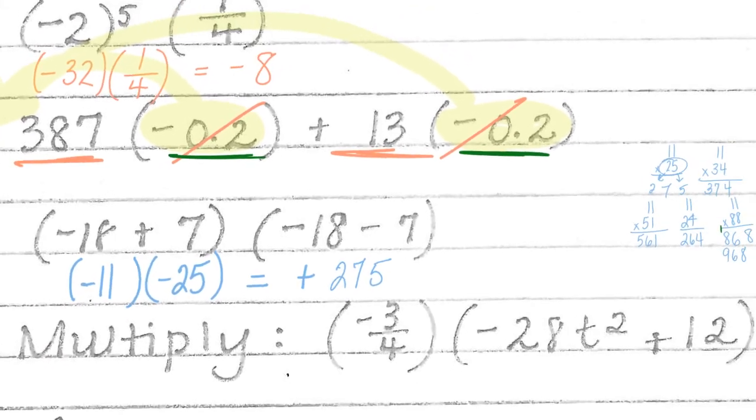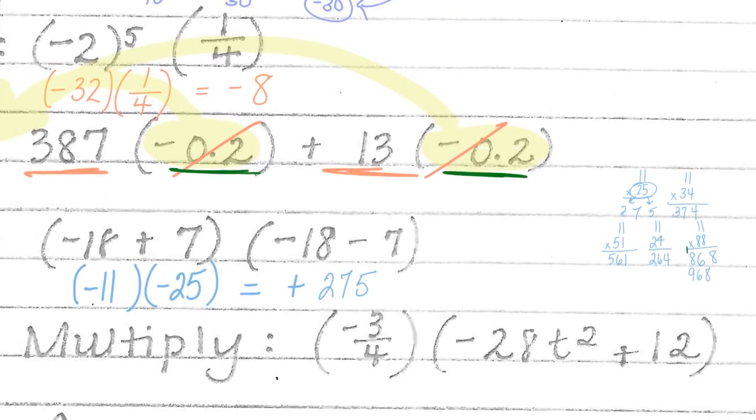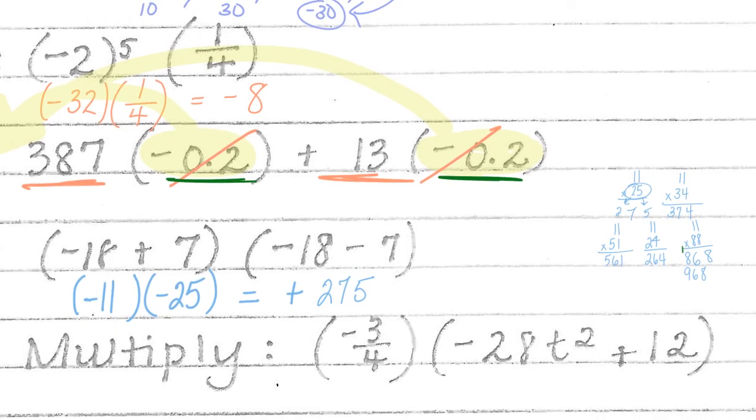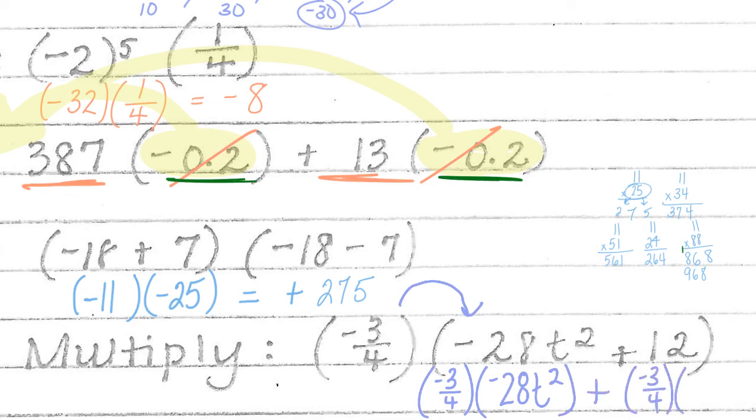I want you guys to multiply right here. Remember, we are distributing on this one, so we're going to take this negative 3/4 and multiply it by negative 28 t squared. And then we're going to take that negative 3/4 and multiply it through by 12.